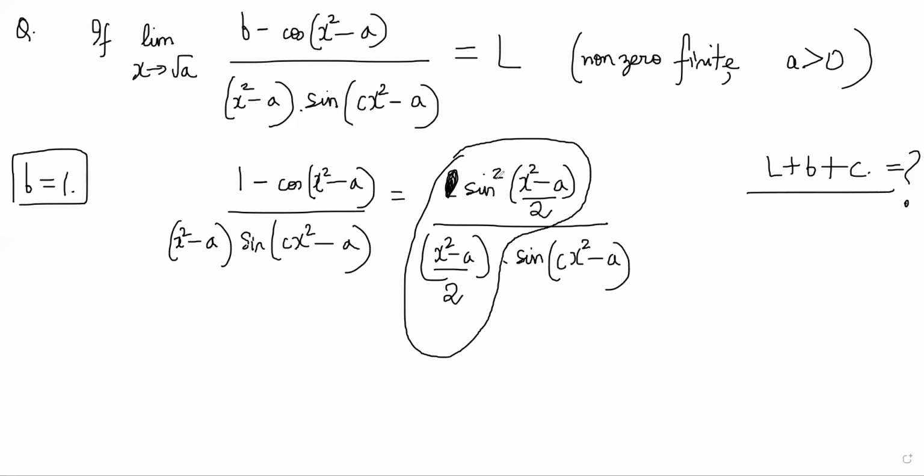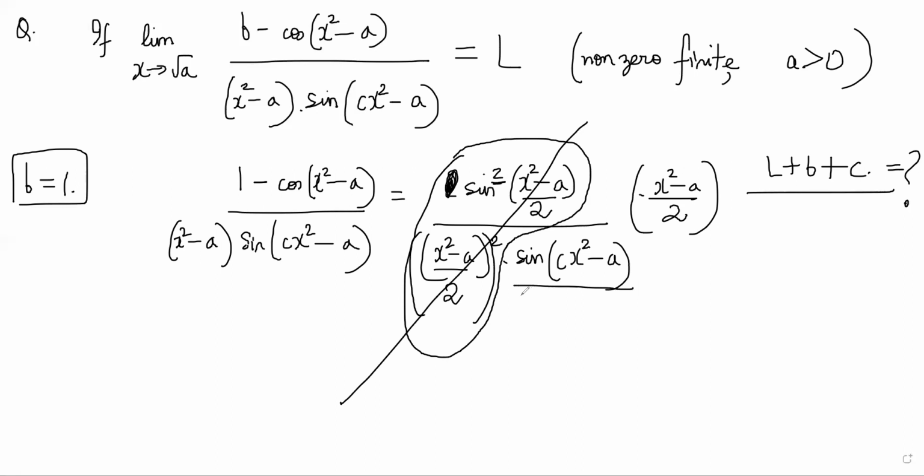You have to make this sine square, so you need one more square here. So just write it as a square here, then you have to multiply by (x square minus a) by 2. Then this part vanishes, 0 by 0, right? And then this limit also has to work out, correct?